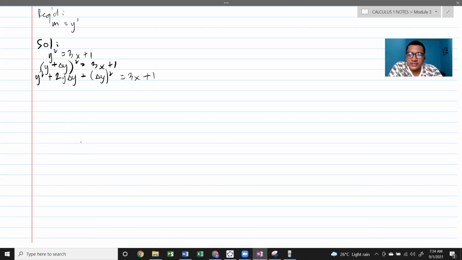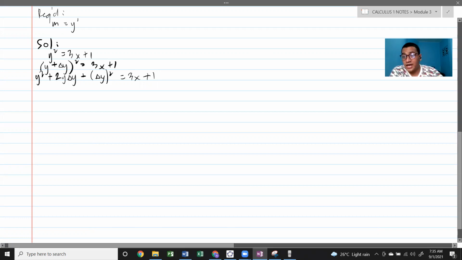If the change in x is very small, then delta y, or the change in y, must also be very small. So what happens when you square a very small number? It becomes 0, or it practically becomes 0. So our expression here is practically 0.